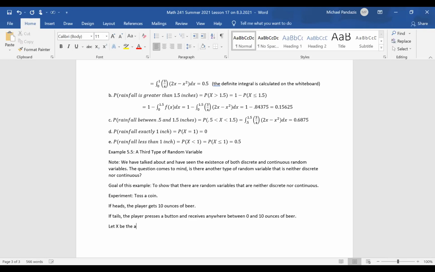Let capital X be the amount of beer received by the player in the experiment. And so the problem is: explain why capital X is neither a discrete nor continuous random variable.